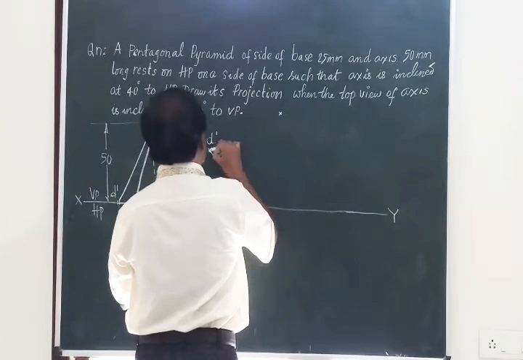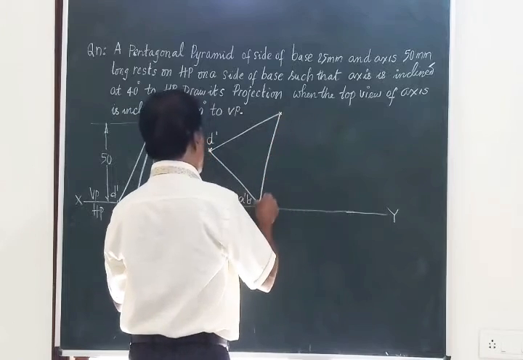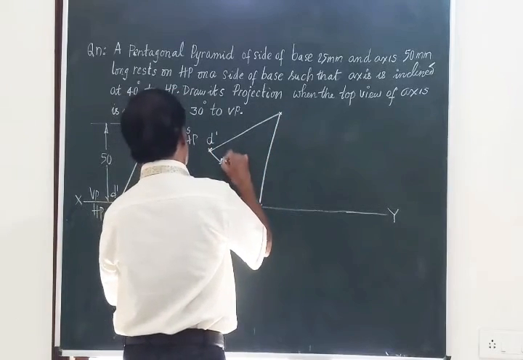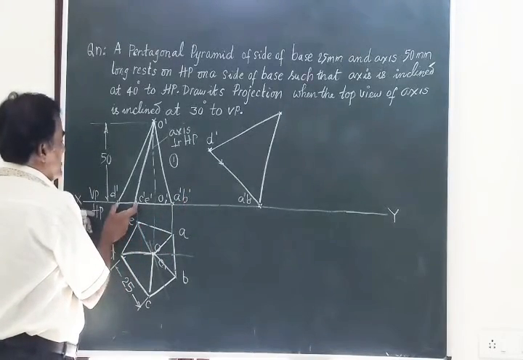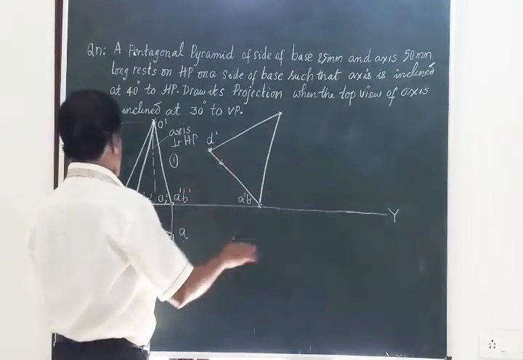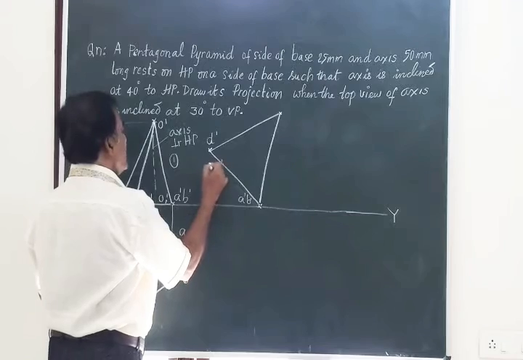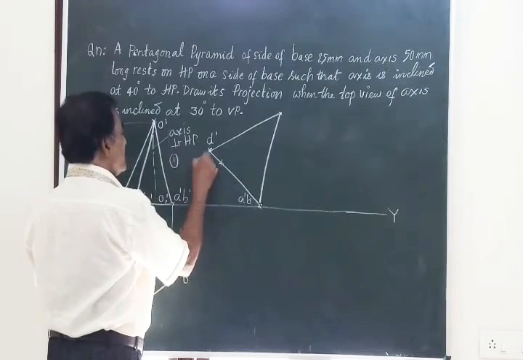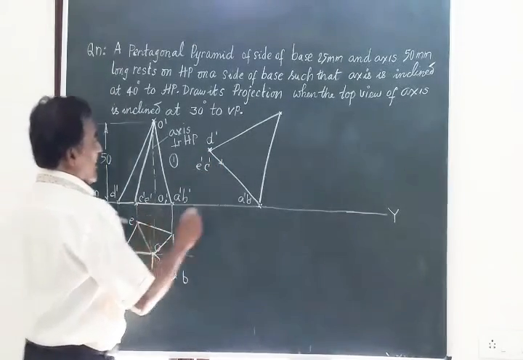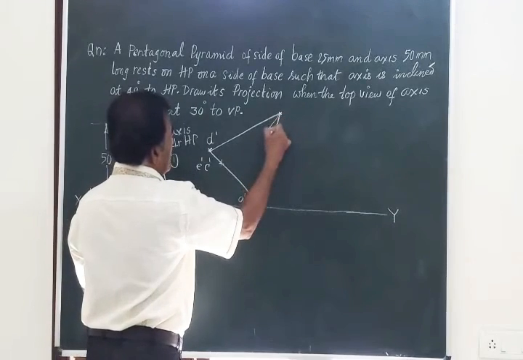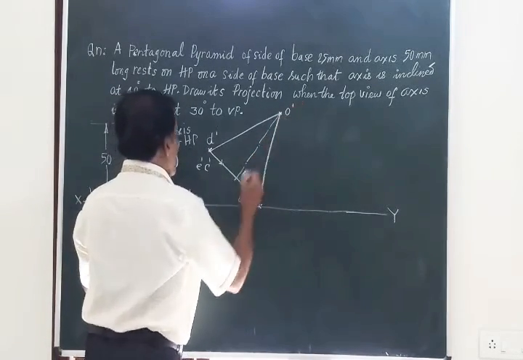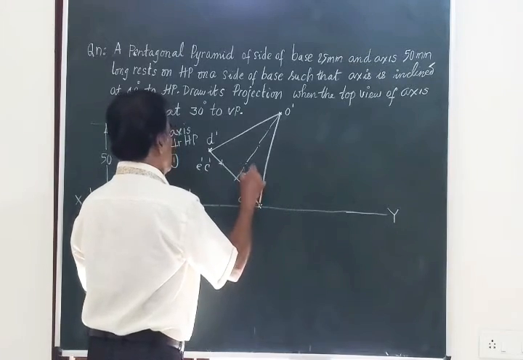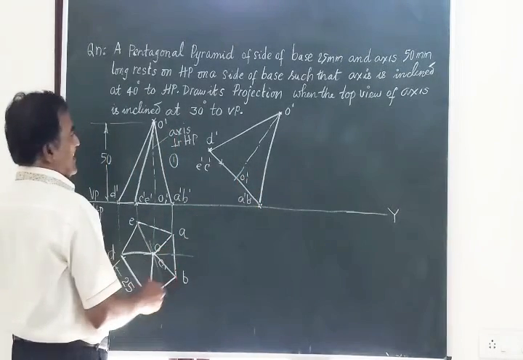So if I complete this figure, it will be something like this. Let me mark all these points. How to locate this CE? Measure this distance and mark off here. So this is going to be C dash and then E dash. Then you have the axis which will be perpendicular to this. This is O dash and this is O1 dash. Finally A dash, B dash.